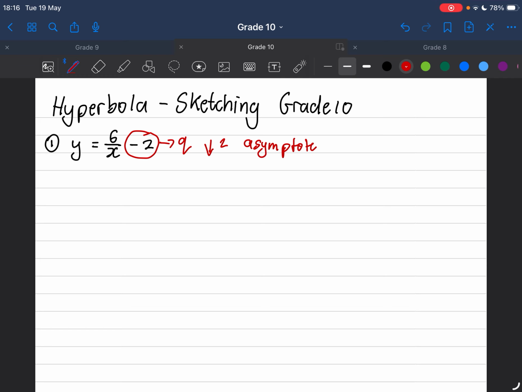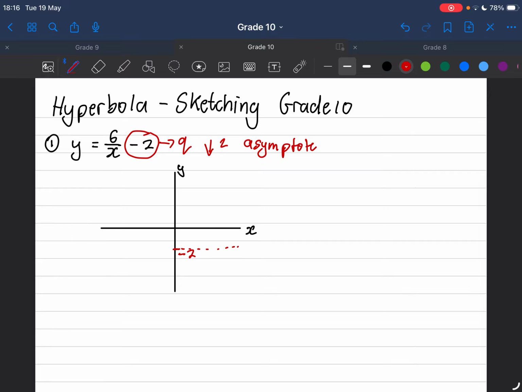Now let's start to figure out how we're going to represent that on a Cartesian plane. We start off the same way we've always started off, with a y-axis and an x-axis. So here's an x-axis and here's a y-axis. Now this -2 means that I'm going to look for a -2 on my y-axis, and I'm going to draw a dotted line.